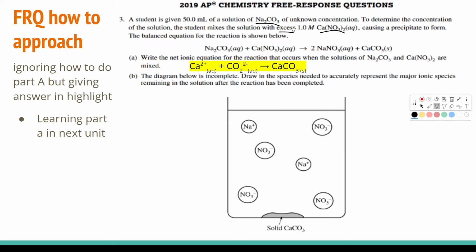So that's where the excess part comes in, because it's literally on the bottom and it was in solution, so we have extra of that. If I think about this a little bit more, I can again think about what solidified. We have the CaCO3, and so what is going to be the limiting reactant versus the excess reactant? So think about that for a second.